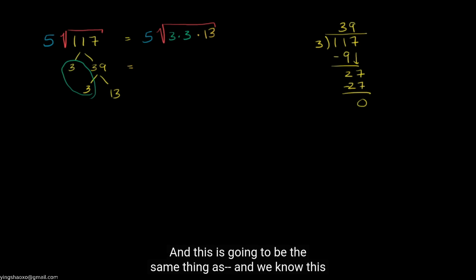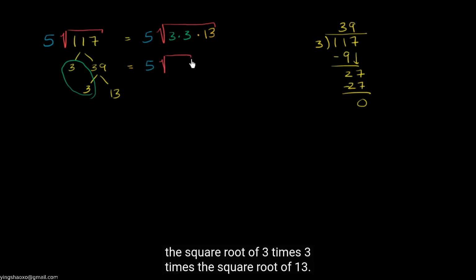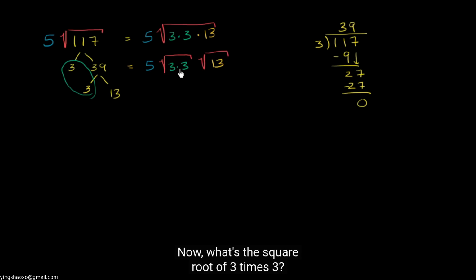And this is going to be the same thing as, and we know this from our exponent properties, 5 times the square root of 3 times 3, times the square root of 13.